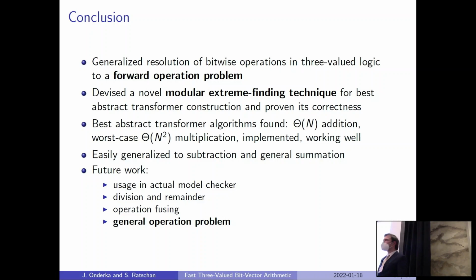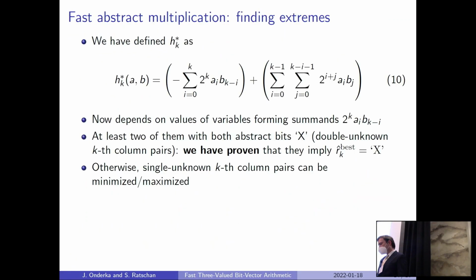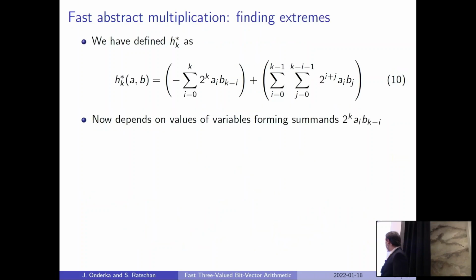Any chance of a subquadratic abstract multiplication operation via a divide and conquer combine approach? I'm not sure if I understood the second part of the question, but the multiplication is limited by the fact that we cannot compute the HK operation. There are some other problems that we outline in the paper, but technically this could be possible if we had a special instruction for computing an operation like this.